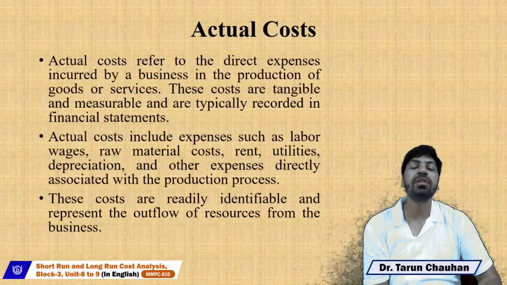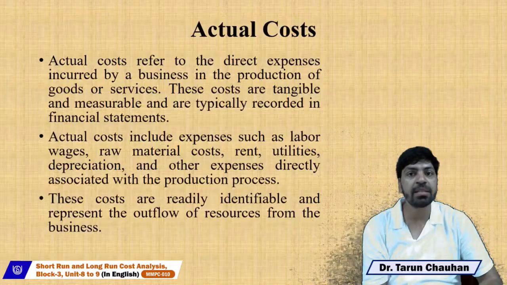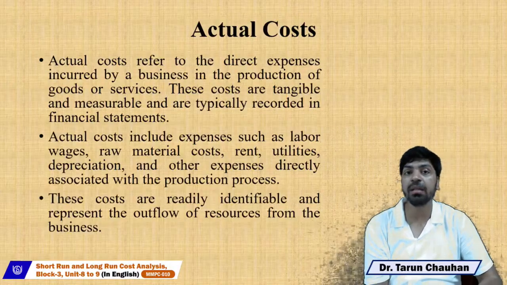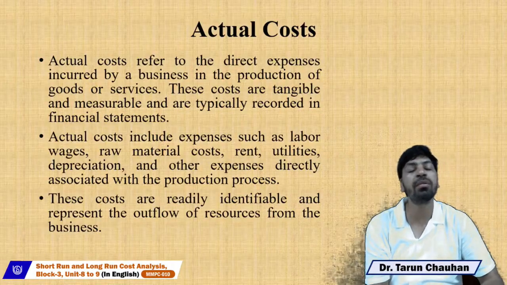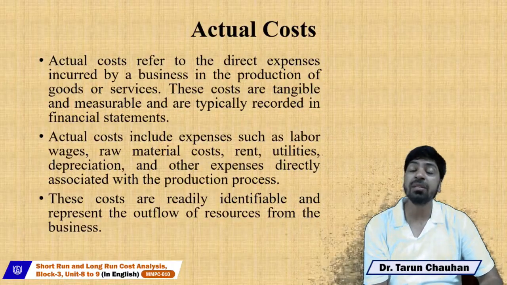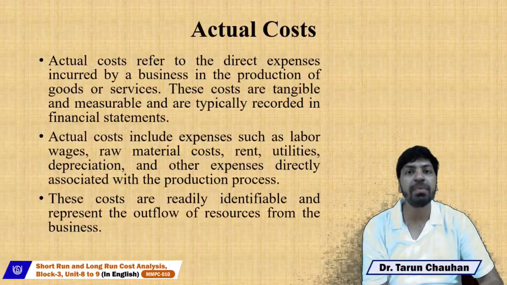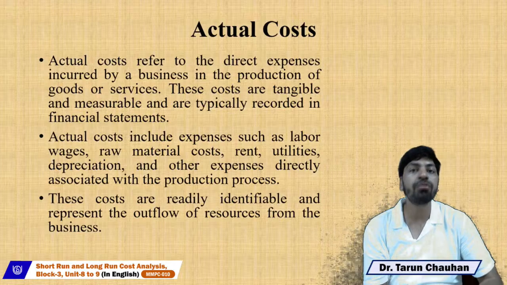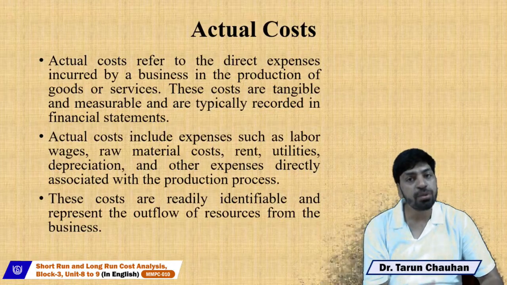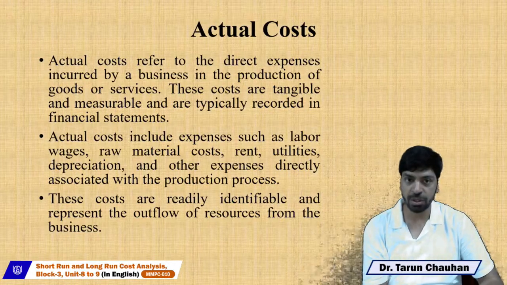Actual cost refers to all those direct expenses which are to be incurred during the production of goods and services in a particular organization. These costs are measurable, identifiable, and also represent the actual outflow of resources from the business operation.